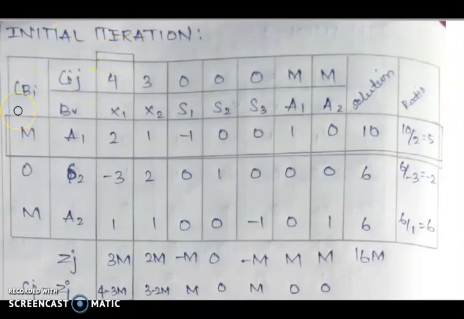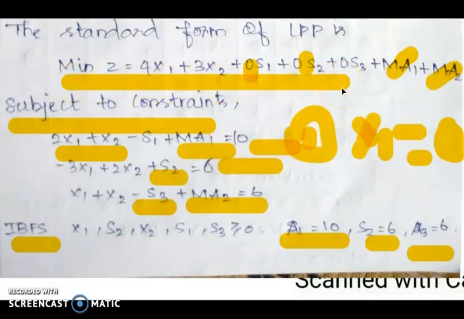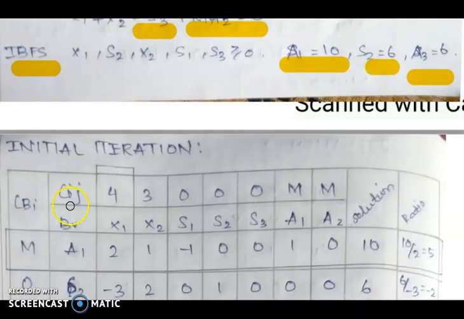Here CB is the coefficient of the basic variable, Cj is the objective function value, and the next column is the basic variable.